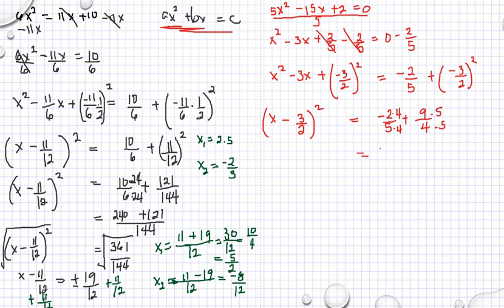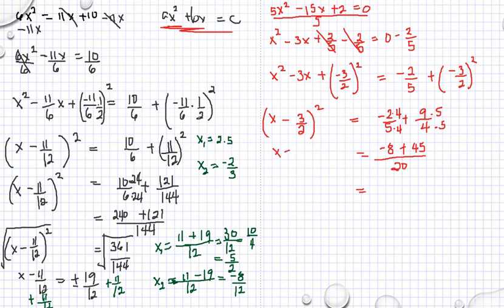Then we have negative 8 plus 20, where did it come from? 45, I should say. 45 over 20.